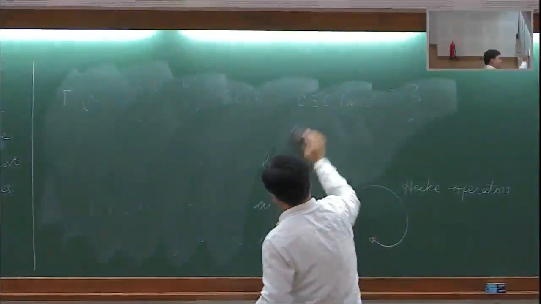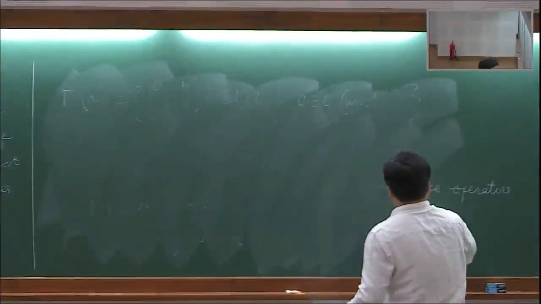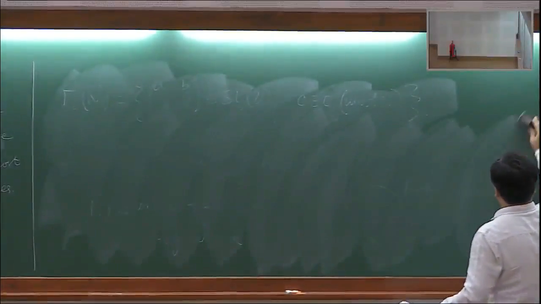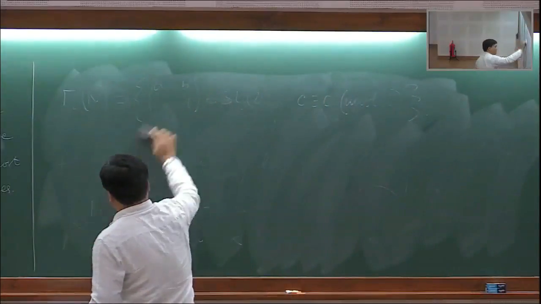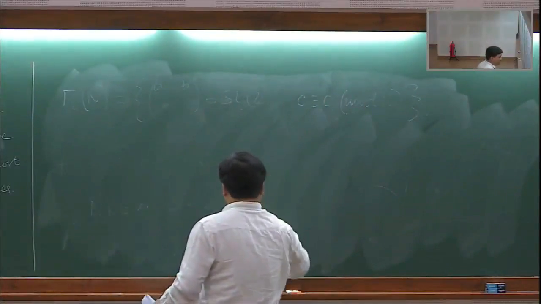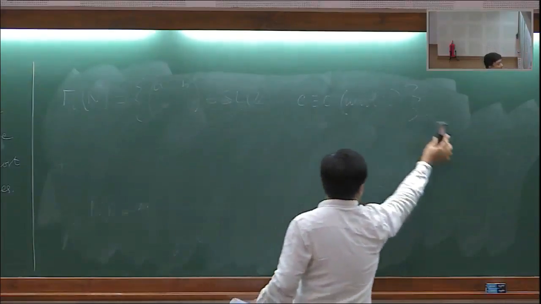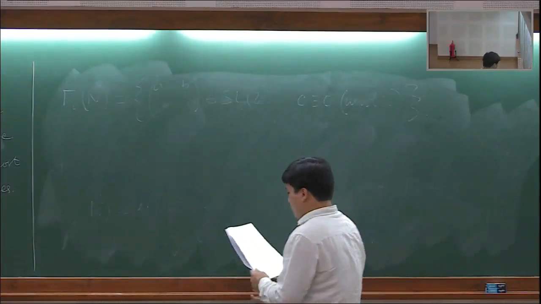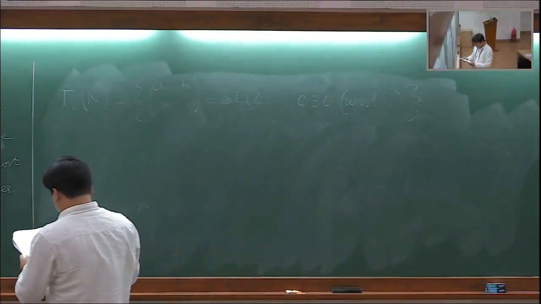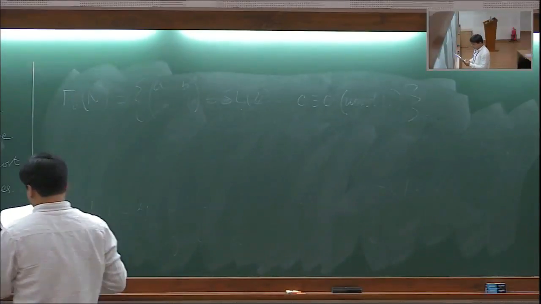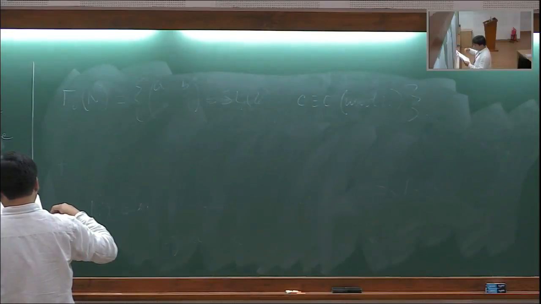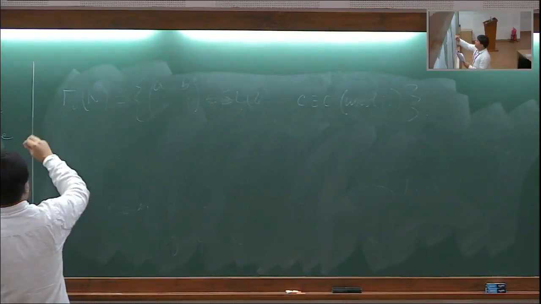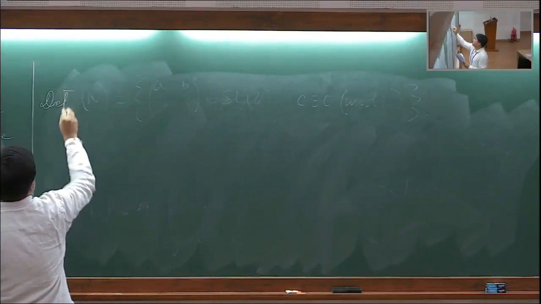Okay. So now we talk about congruences between elliptic curves and modular forms in terms of the associated Galois representations. So this is one definition.